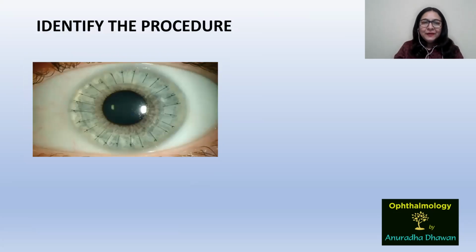Now this is the image, and after showing the image, the question is being asked, identify the procedure. So friends, what are we noticing over here? We are noticing multiple black lines, which are your sutures. You can see there are multiple sutures placed 360 degrees all over. These are your sutures between the host cornea and the graft corneal button.